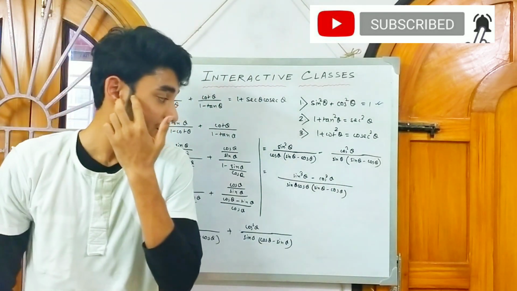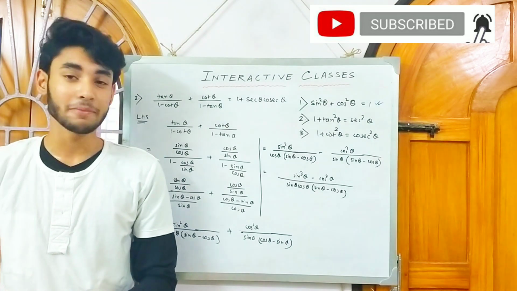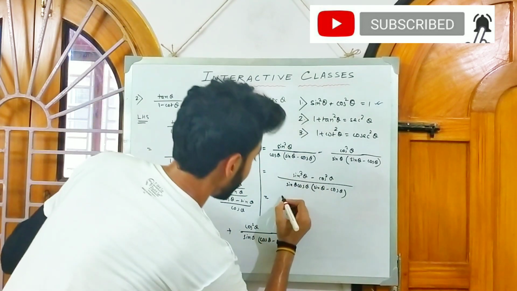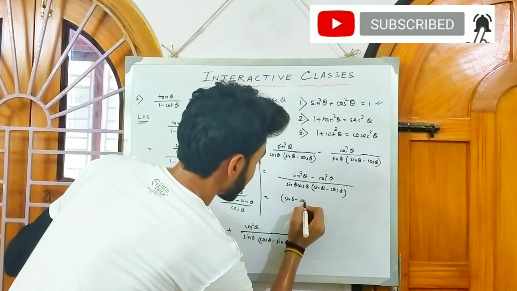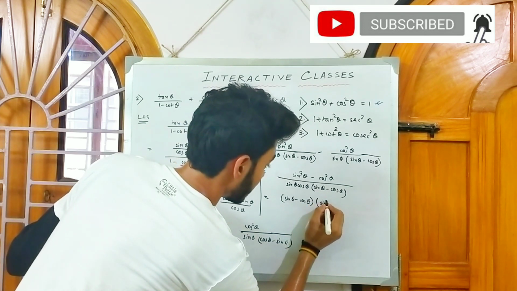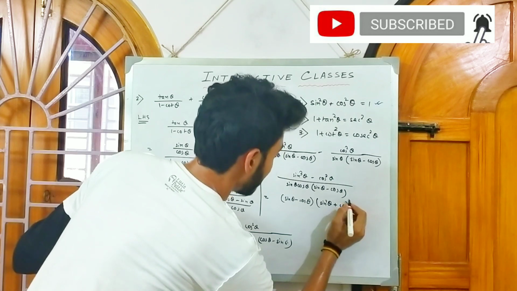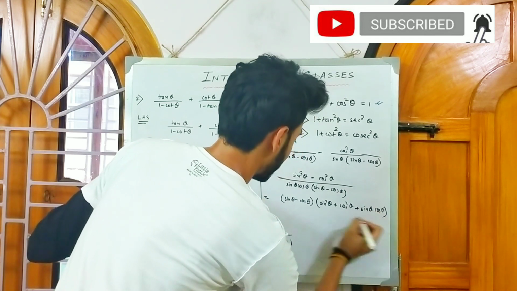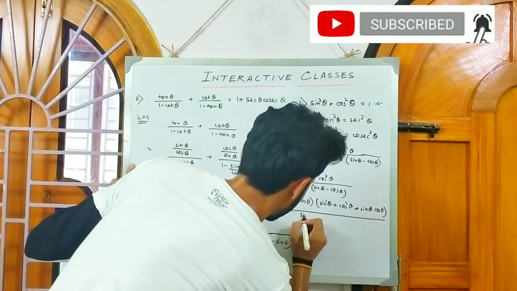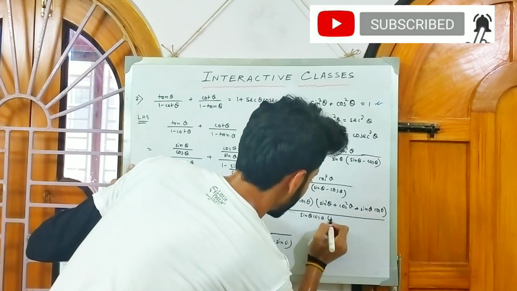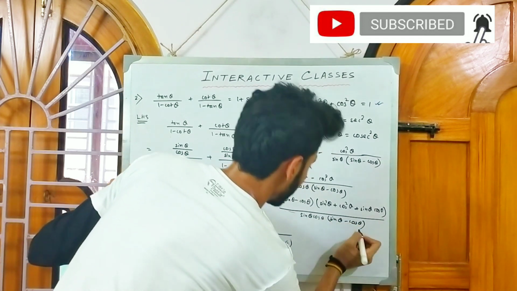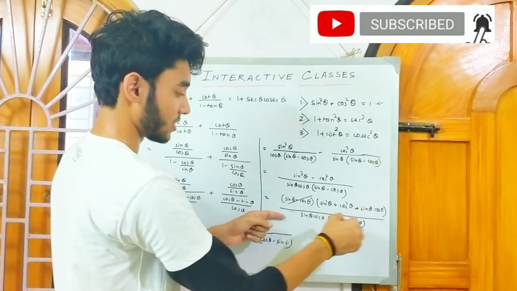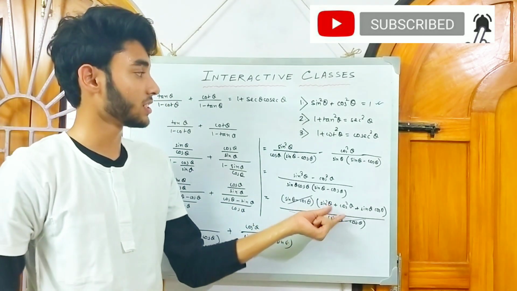Now we know the formula of a cube minus b cube is (a minus b)(a square plus ab plus b square). So sin theta minus cos theta in the numerator and denominator get cancelled, and sin square theta plus cos square theta is nothing but 1.